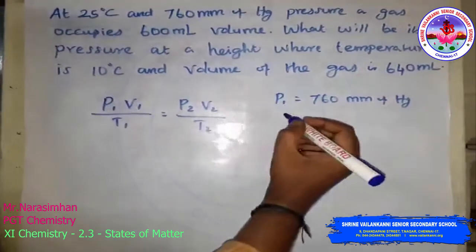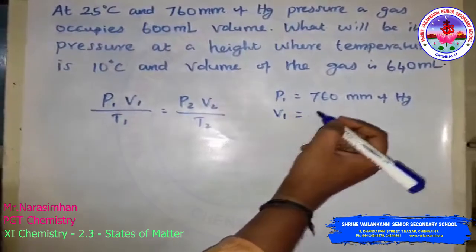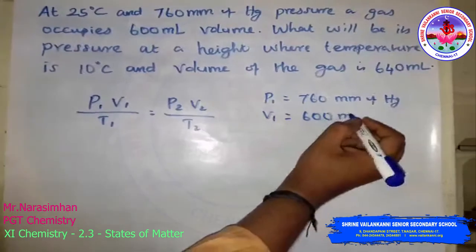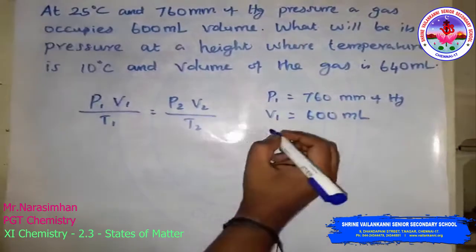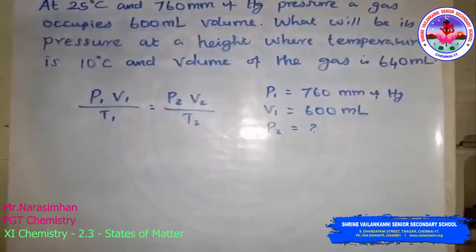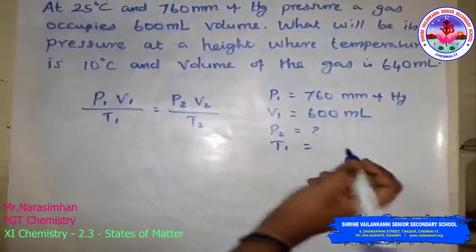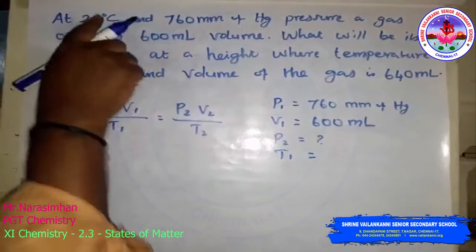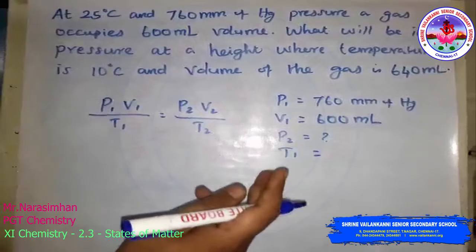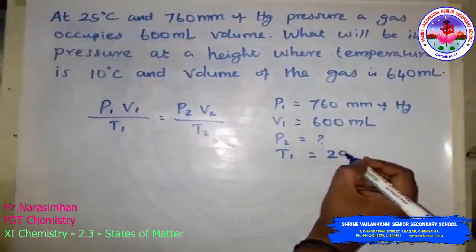Then V1, the volume 1 is what? 600 milliliter. Then P2 we want to find out. Then T1, temperature 1 is what? 25 degrees Celsius. The 25 degrees Celsius plus 273, it will become 298 Kelvin.